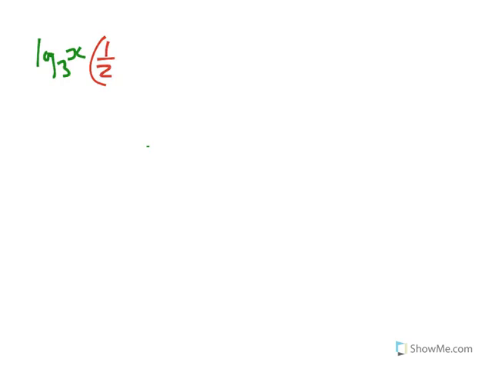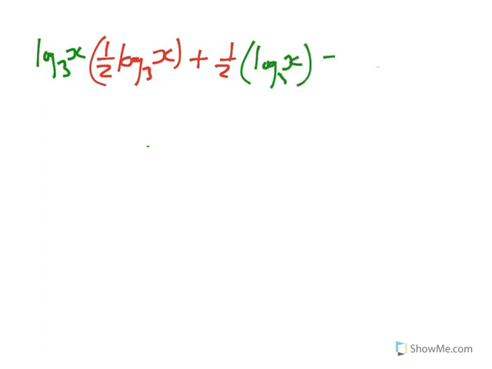Multiplying 1 over 2 log base 3 of x plus 1 over 2 is being multiplied by log base 3 of x is equal to 3 over log base 3 of x multiplied by log base 3 of x. This was the simple way to be solving it.